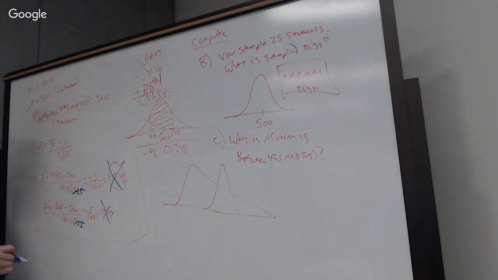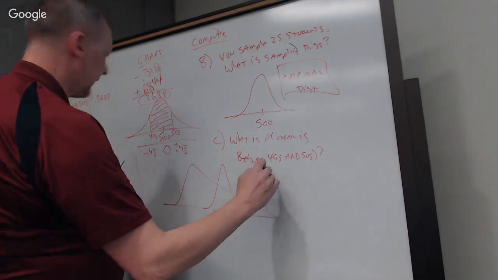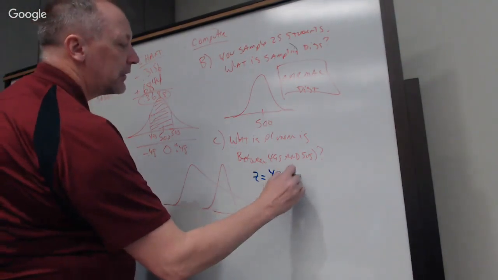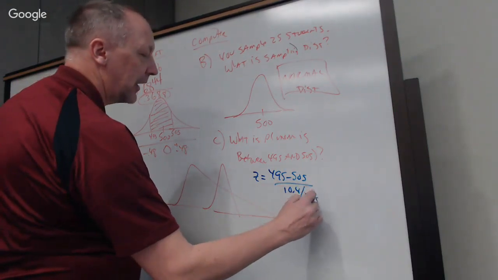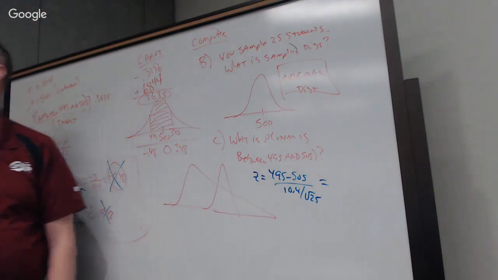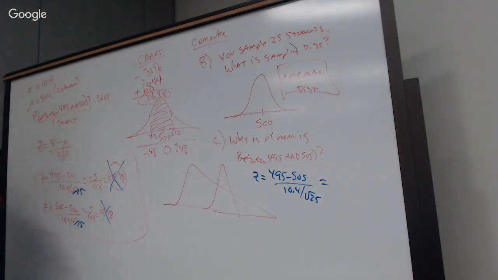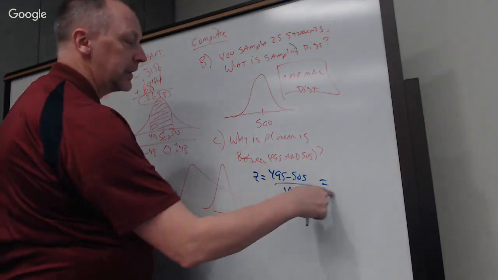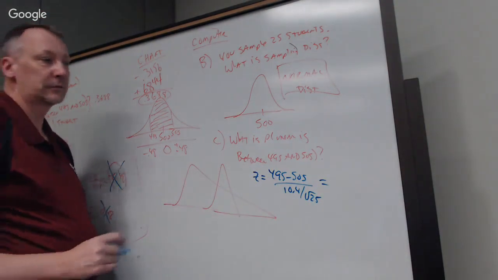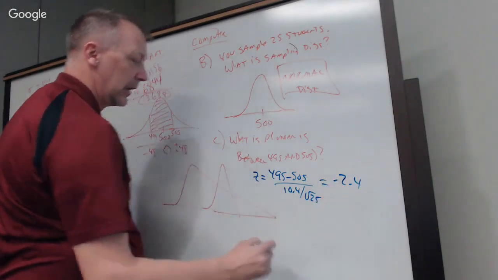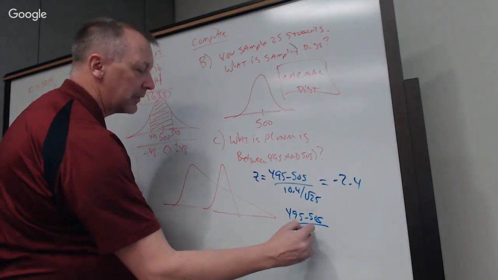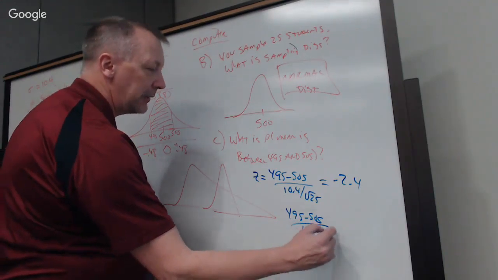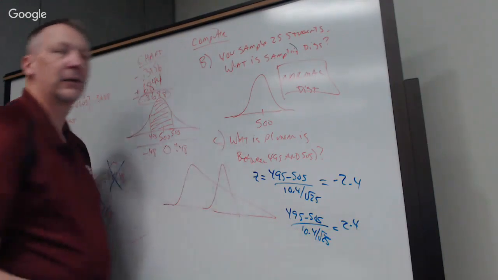So Z equals 495 minus 505 divided by 10.4 divided by the square root of 25, and that equals? I got negative 2.4, and for 505, I'm guessing that's positive 2.4.